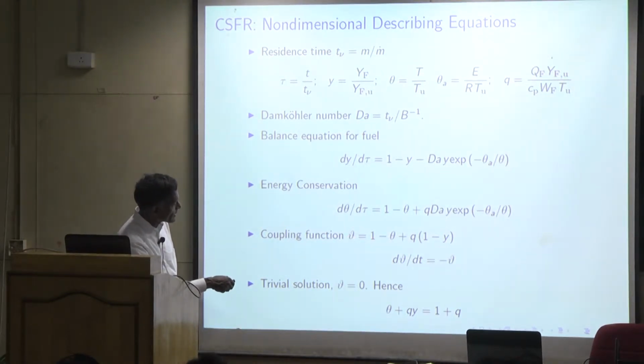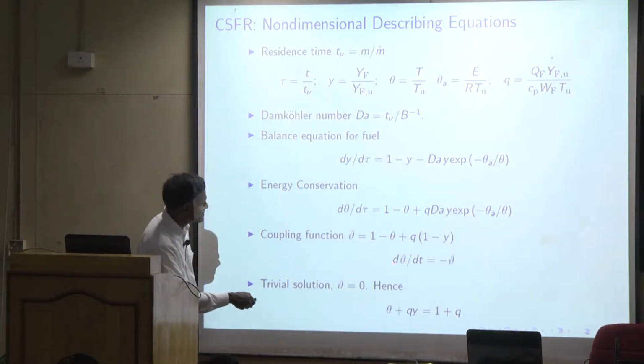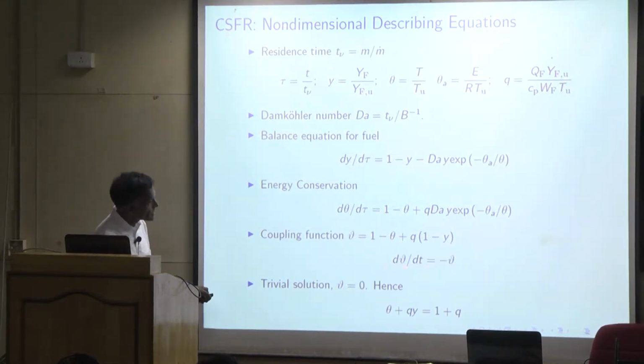You define a quantity theta in this particular form, okay? And then what happens is, if you add these two equations, you see the chemical reaction term drops, so you get this expression for the coupling function. So this is obtained just by adding these two and employing this assumption, all right? So that's the coupling function, theta. Okay, now what are the initial conditions for that?